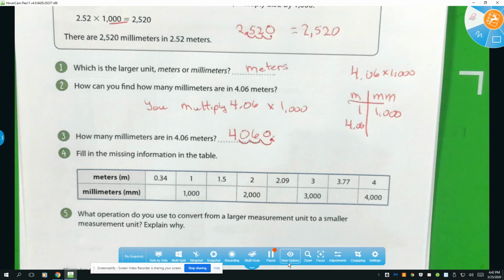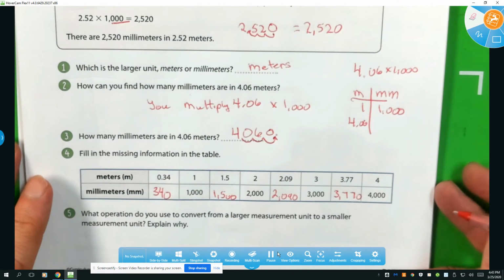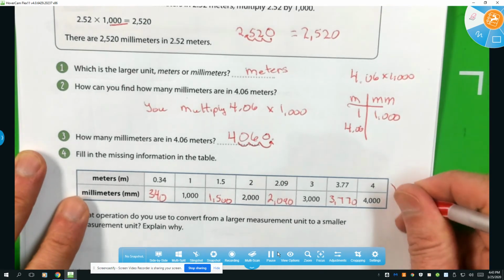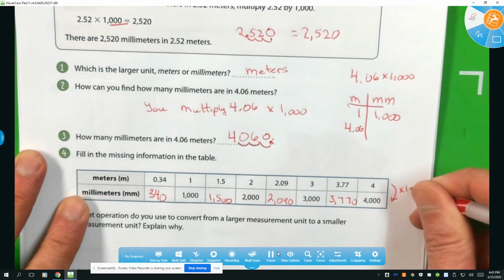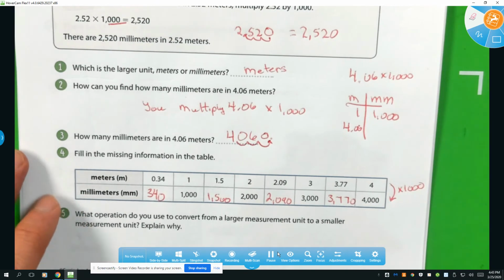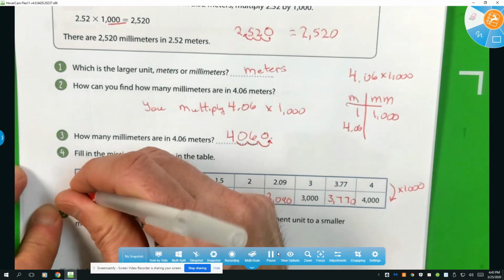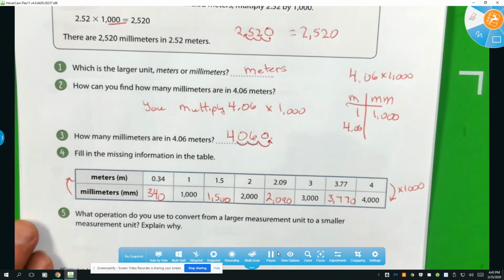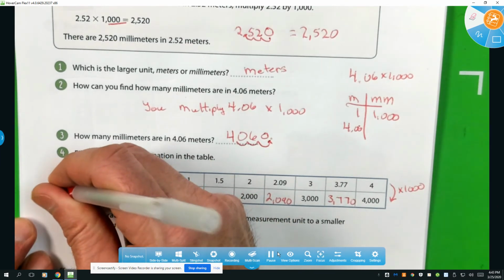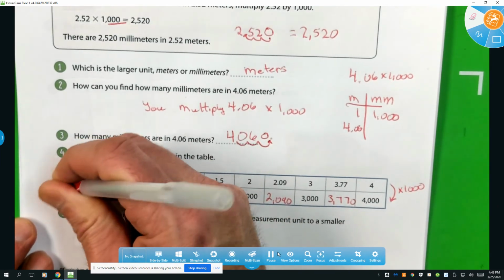Remember, all you're doing is multiplying by 1,000 from meters to millimeters, and there we go. So from 4 to get to 4,000, all we did was multiply by 1,000. And to go from the bottom up, you would divide by 1,000.